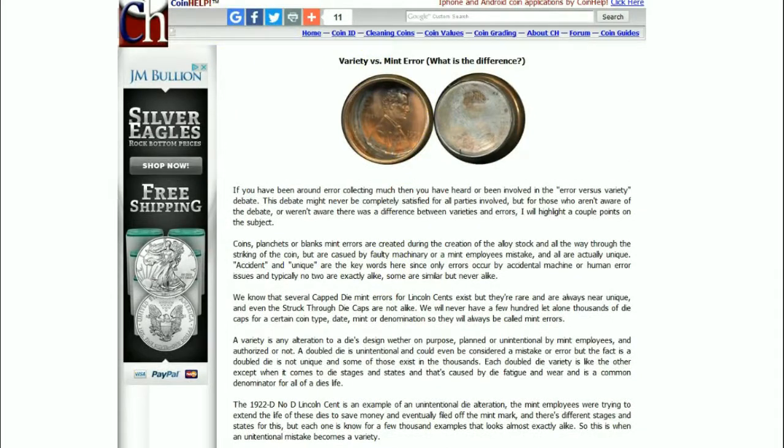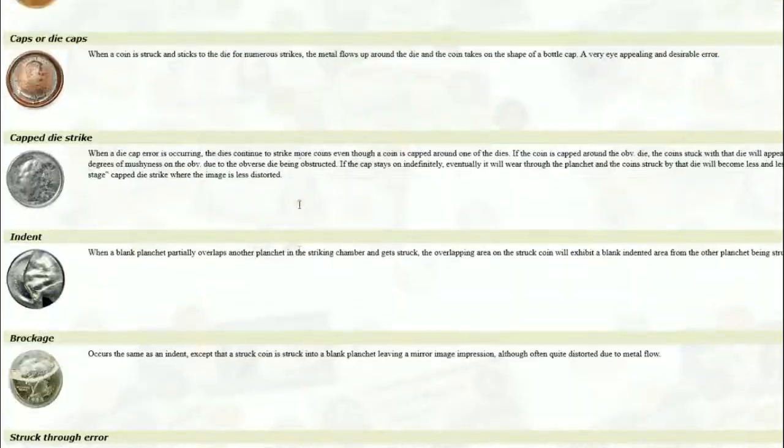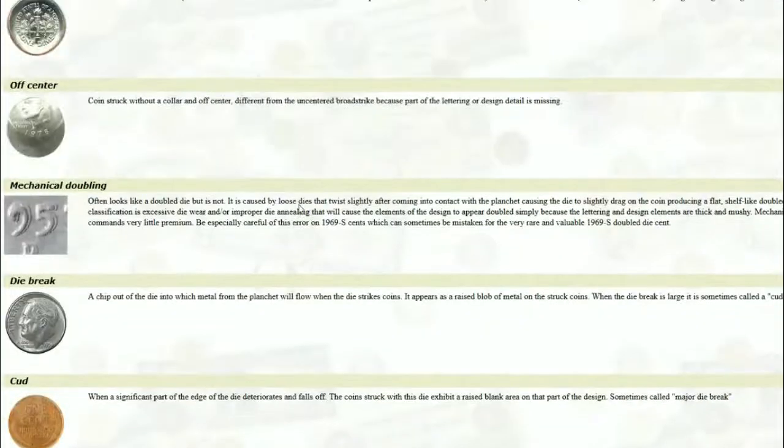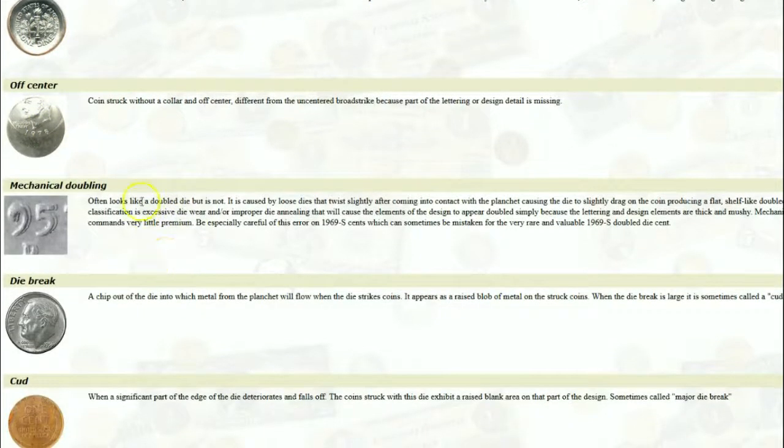So let's take a look at some error coin examples, and these are genuine errors. When you see a broad strike, an off-center strike, mechanical doubling, again this was in relation to the variety with a double die, but this is an obvious mechanical doubling, which I think is different.